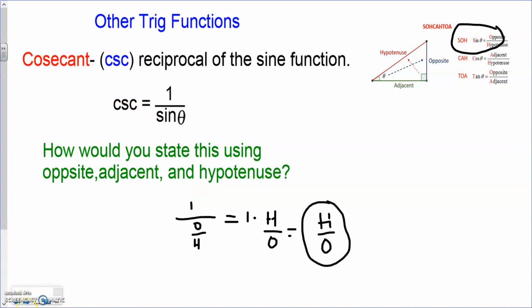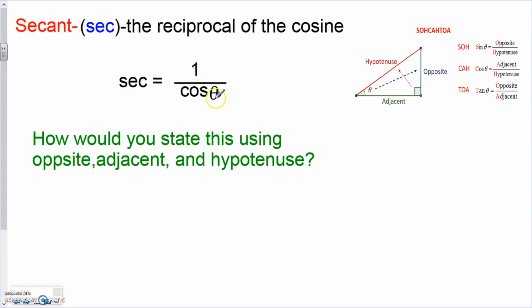Let's look at the next one, which is 1 over cosine, which is the secant. That's the reciprocal of the cosine. So secant is another trig function that we're going to be adding. How would you state this using opposite, adjacent, and hypotenuse? Well, again, lovely SOHCAHTOA. Here we need our adjacent over hypotenuse.